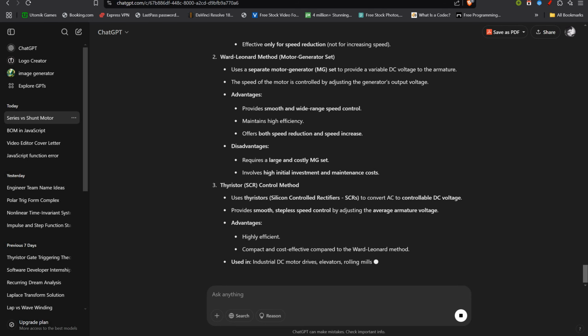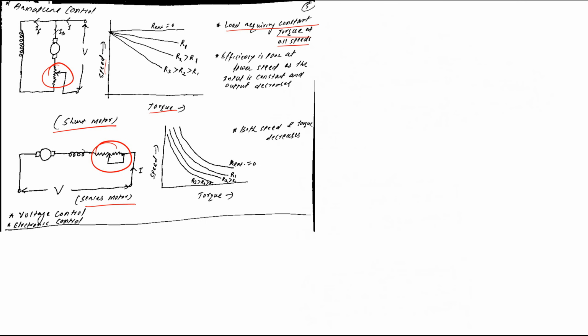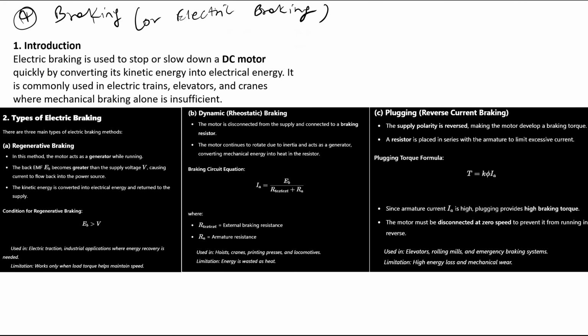The next thing is electronic control. If these are not given, then maybe it was not necessary.